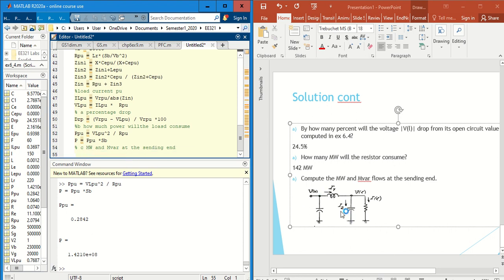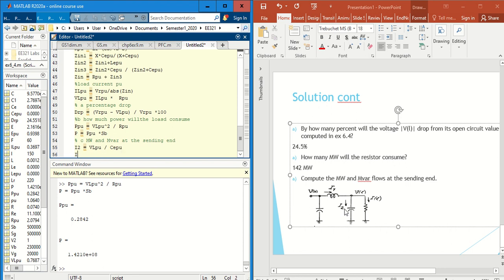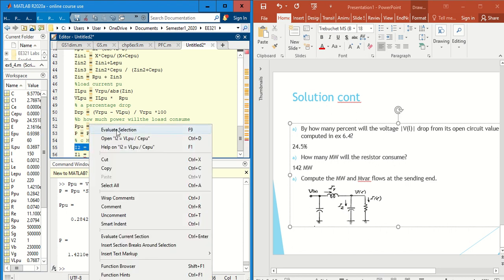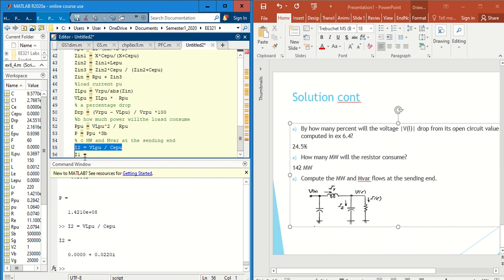So as mentioned, first we'll compute I2. So I2 is equal to VL per unit divided by the capacitor impedance per unit, and then I1 will be equal to, this is 0.22, and I1 is equal to IL per unit plus I2.